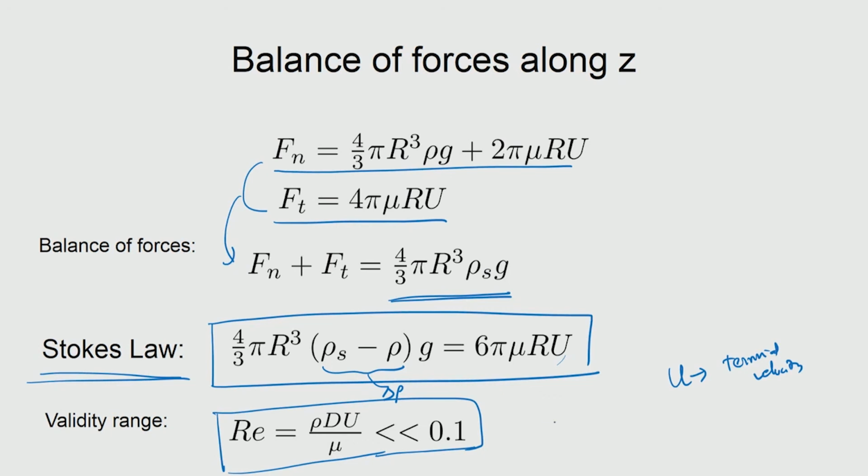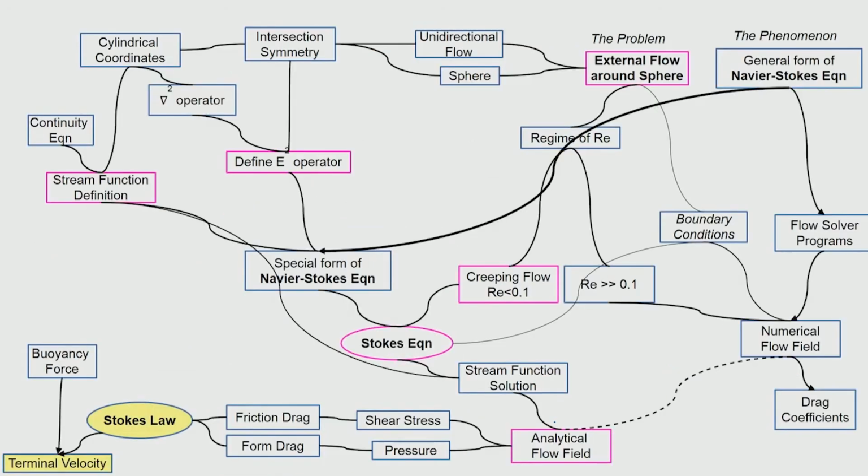So we have then finally arrived at the end of our concept map. We could see that we started off by looking at the stream function definition, we introduced the E square operator, and we have seen that the Stokes equation is being used for our solution because we are in the creeping flow regime.